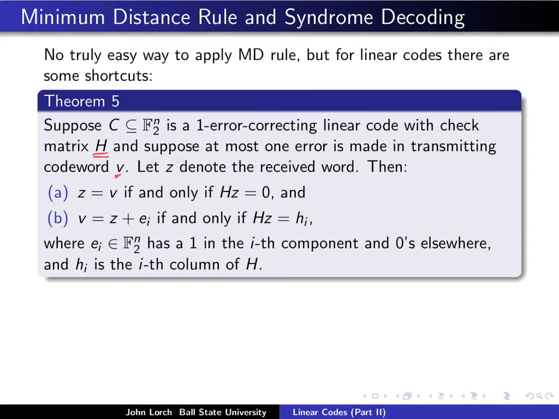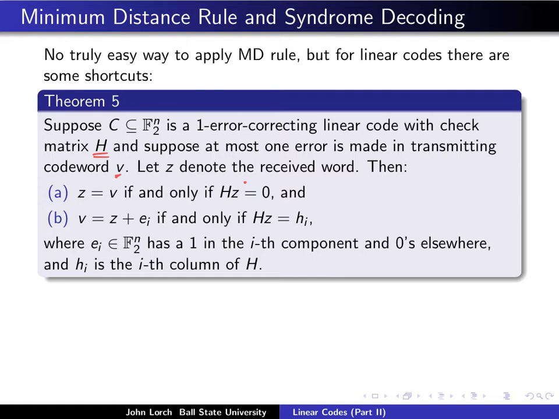Okay, so let's take a look at these items A and B. Let's suppose H times Z is equal to 0. That means that Z is a code word. Now, Z then must be equal to V, because if Z were not equal to V, remember, at most one error is made in transmission.